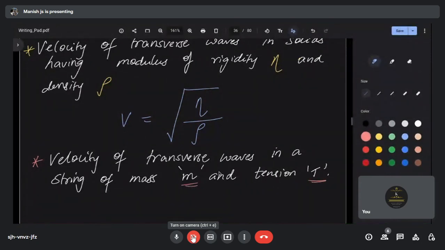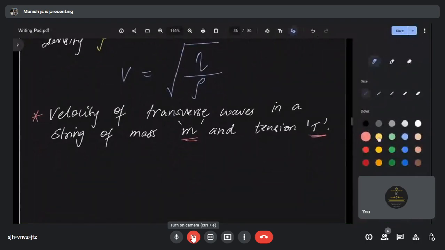Mass m and tension T. So even then you have one relationship. In that case the velocity will be v is equal to under root T by m. So this is the relationship.